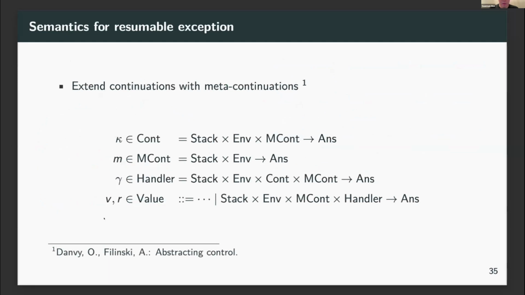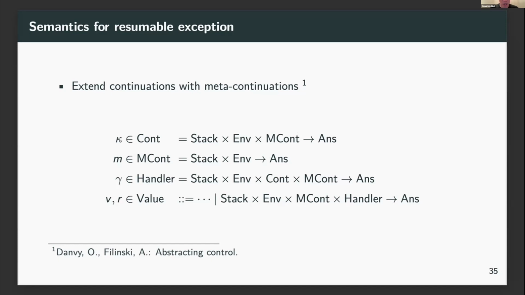The idea is we need to somehow extend our semantic domains, where the continuations are extended with a meta continuation. Here the meta continuation is really a simple function taking the stack and environment. But a continuation additionally takes its own continuation, namely the meta continuation.